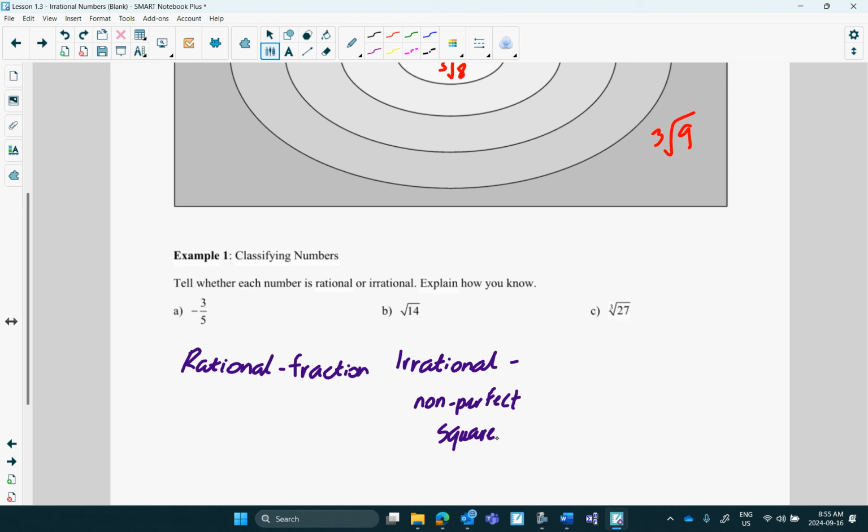And finally, rational. Why? Okay, what is it? Yes. And how do you write 3 as a fraction? Rational because it's exactly 3 or 3 over 1. So it can be written as a fraction.